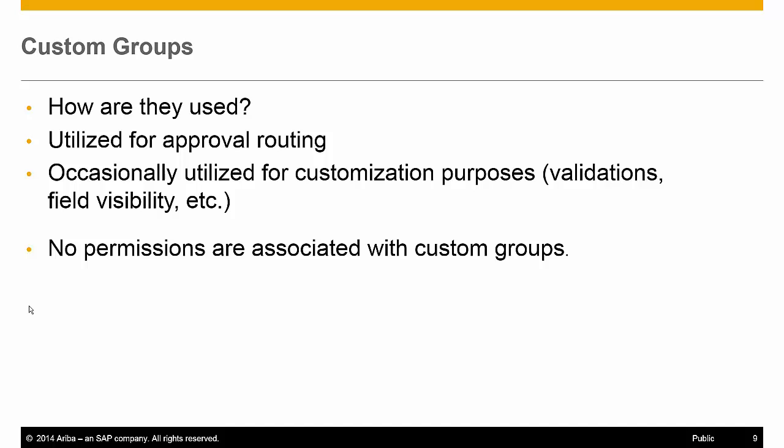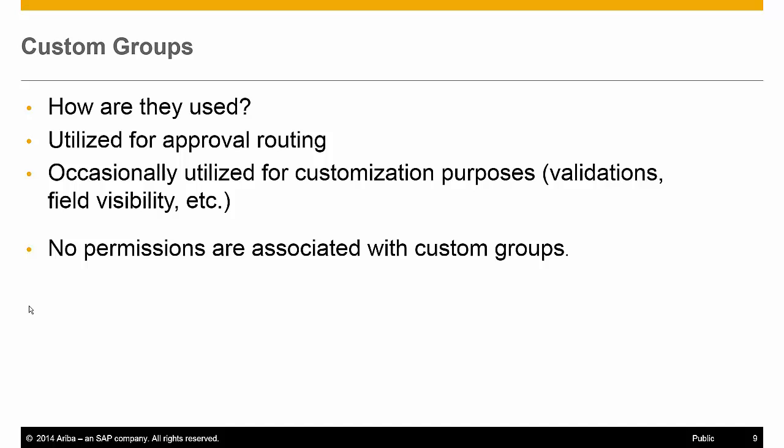Next, I'd like to talk about custom groups. So I mentioned to you earlier that Ariba comes with a large number of groups prepackaged for you. However, most customers want to set up custom groups. These are groups with specific names that perform specific functions in the system. And that's certainly something that we can do.